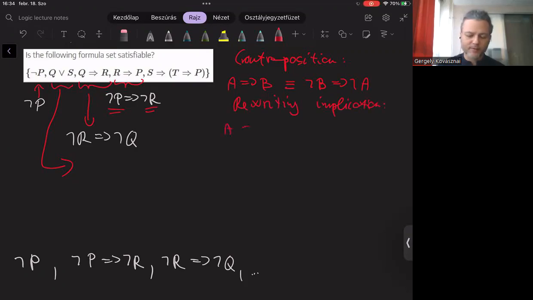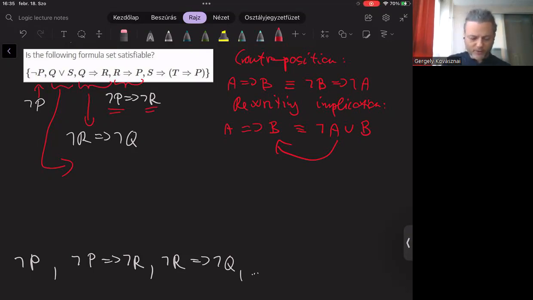If I have an implication A implies B, then I can rewrite it to a disjunction. So you replace implication with disjunction, and also you negate only the left-hand side of the implication. This is something we can now apply from right to left, because I have a disjunction Q or S, and this is what I can transform to implication by using this law from right to left.